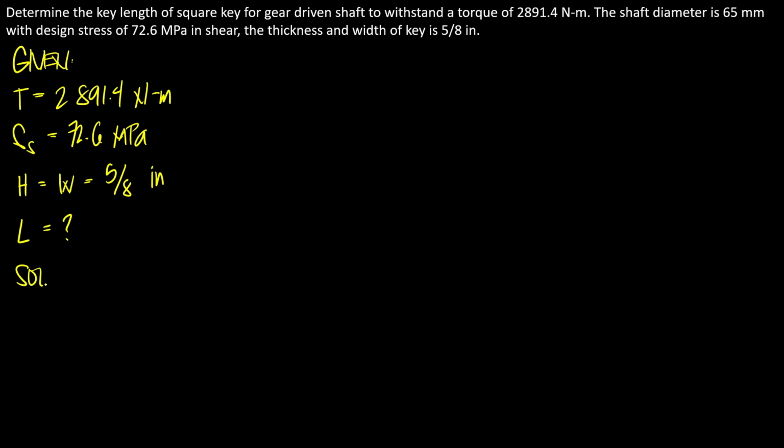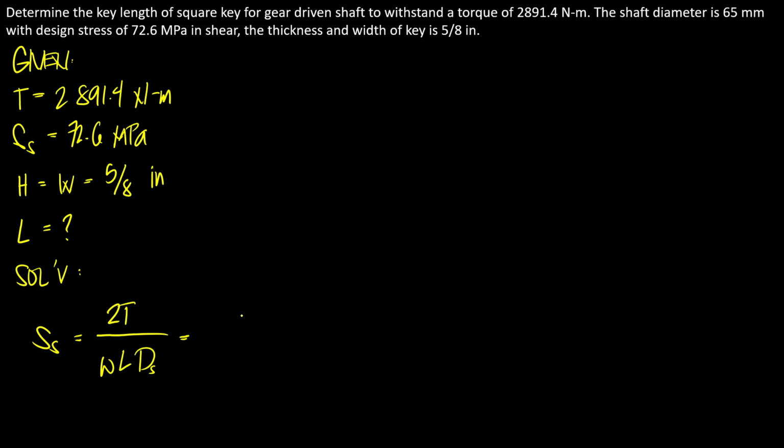So solution, solving. Let's first write the formula. We have 2T over shearing stress is equal to 2T over width times length times the diameter of shaft. Okay, so here we have the torque of 2,891.4.